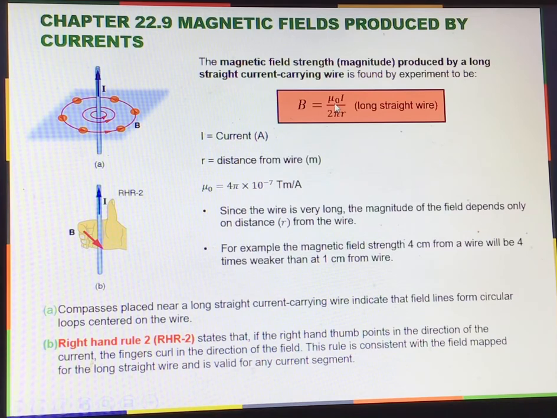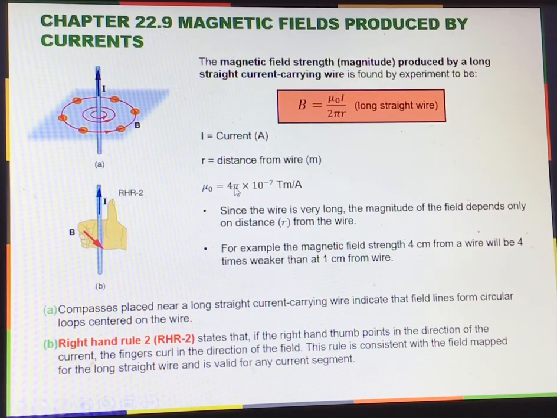So it's just mu naught times the current divided by 2 pi times the radius. So I is the current, R is the distance from the wire, and mu naught is the quantity that is given by 4 pi times 10 to the negative 7 teslas meters per amp.